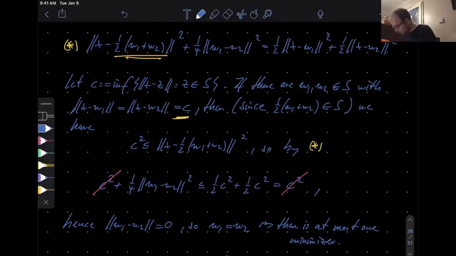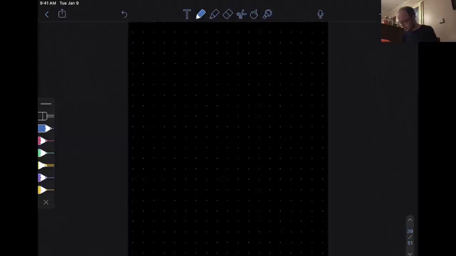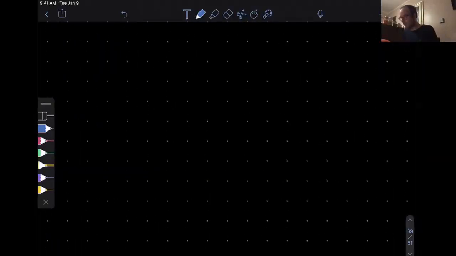Okay? Now we will show that there's at least one minimizer, and then combining those two parts together, we will be done. Okay? Next, so C is an infimum, right? So now you can use your definition. You can either subtract a small quantity and then find immediately something in S which would then exceed that thing, or you can use sequences in S. That's what we will do.